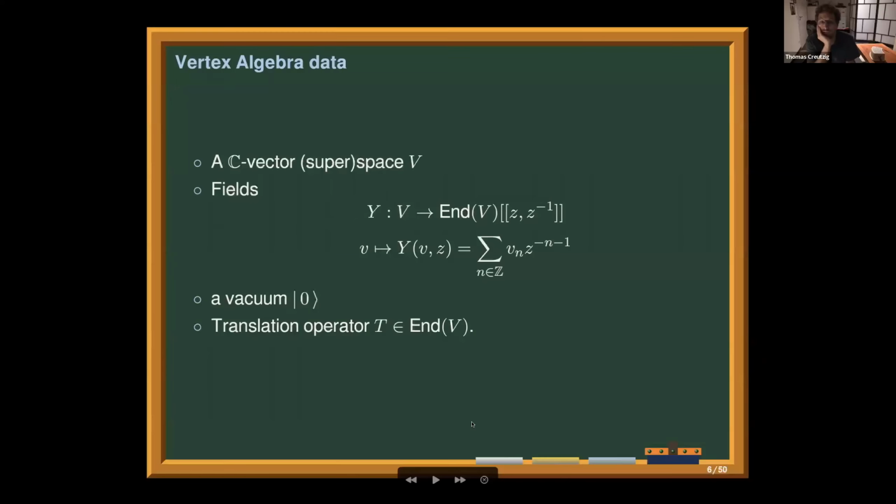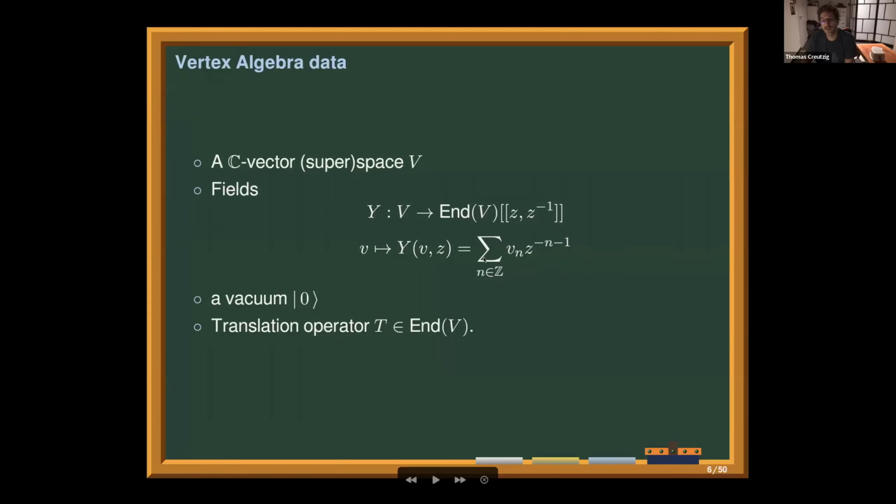So first of all, the definition is a vector space that has data that one wants, right? And what one wants is to associate to every element of this vector space a field, a quantum field. That means a function that acts on the underlying vector space. This is formalized with these fields, here called Y(v, z), so they depend on an element of the space of states, the vector space, and the coordinate.